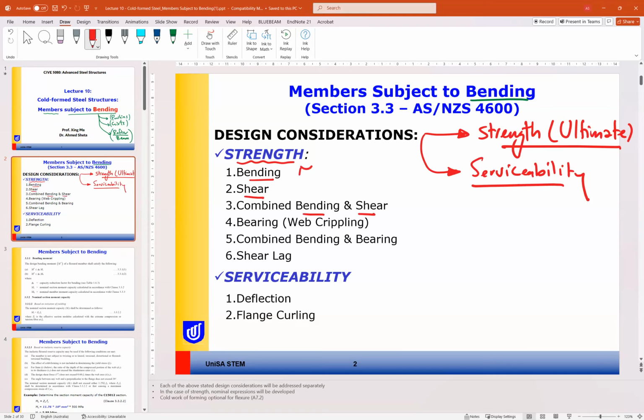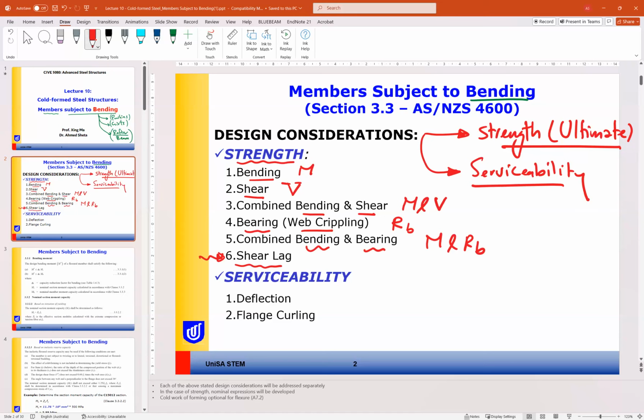So we have to check M and V, and a combination of M and V. And we have bearing or web crippling. The capacity is RB, bearing. Then we have a combination between the bending moment and the bearing, M and RB. And then one new strength check is the shear lag, but the shear lag is not in our scope for this course.